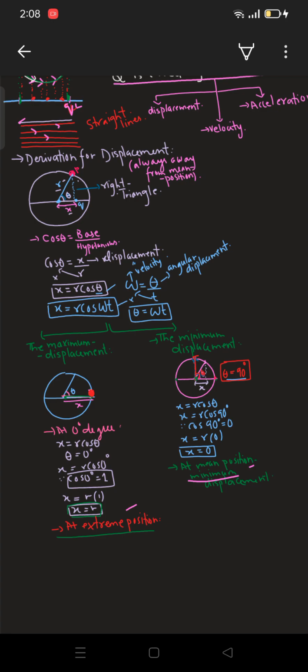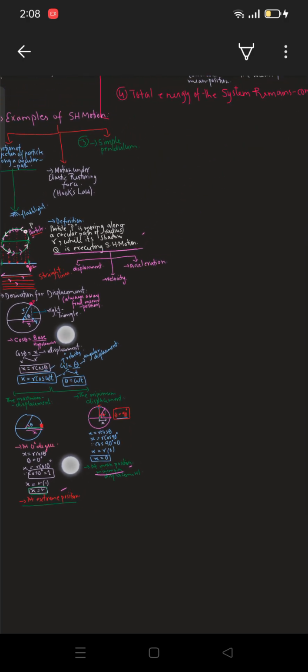And the minimum displacement is always at the mean position. The maximum displacement we found was x is equal to r, where displacement equals the radius of the circle. That is the maximum displacement, and the minimum displacement was of course 0, right?